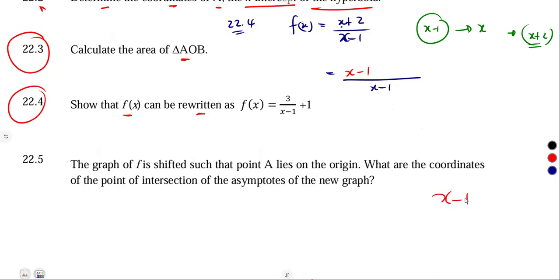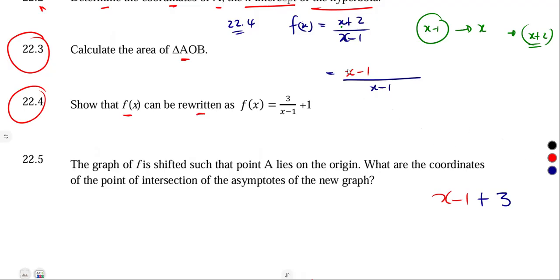So from x minus 1, what am I going to do so that the answer will be x plus 2? Am I going to subtract a number here? Am I going to add a number here? Since the number that we need is positive, we are supposed to think about adding. Which number are we supposed to add to minus 1 to obtain a positive 2? That is going to be a positive 3. Minus 1 plus 3 gives us 2.